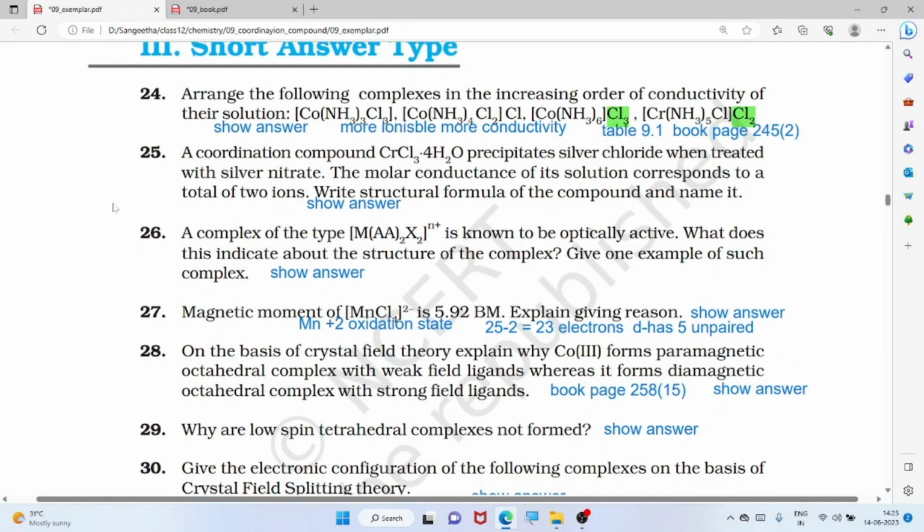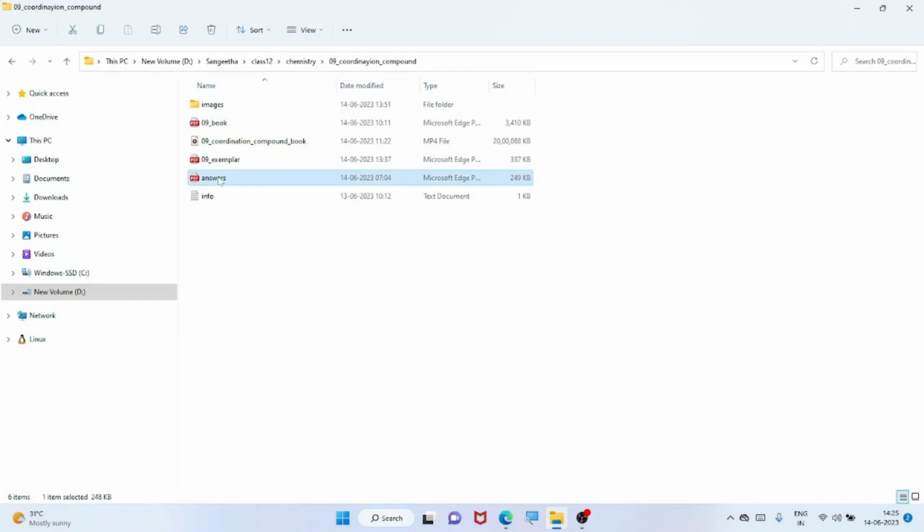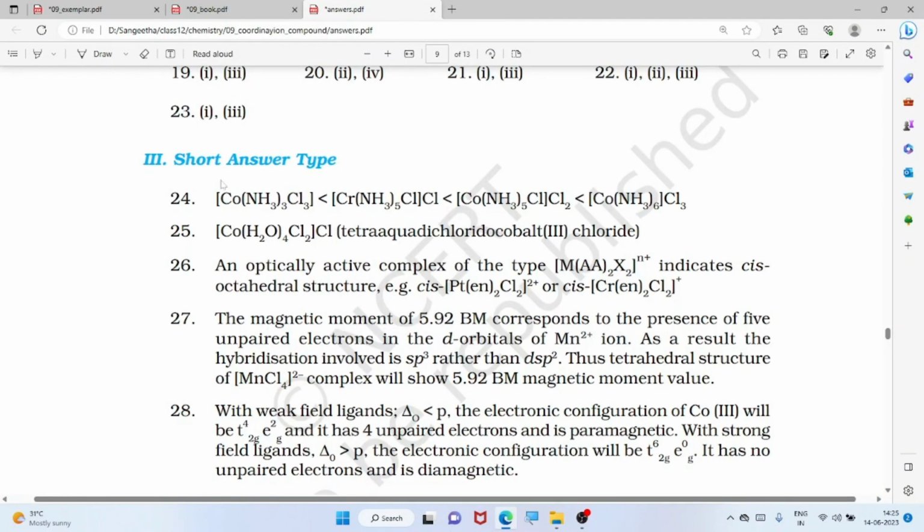Arrange the following complexes in the increasing order of the conductivity of the solution. Okay, that is more ionizable ions. This is the counter ions. That means more conductivity. Okay, more conductivity. So here 24. 24, this is the order.